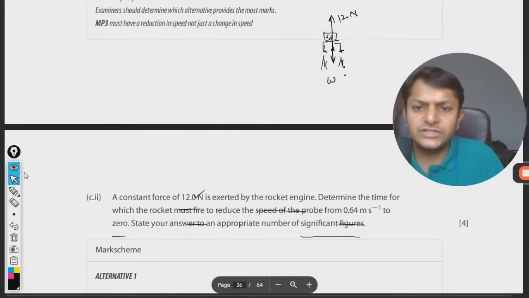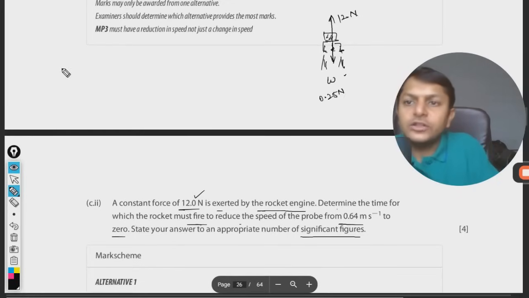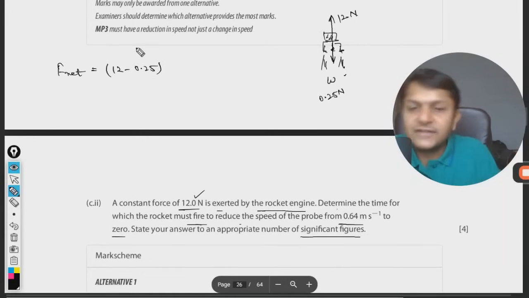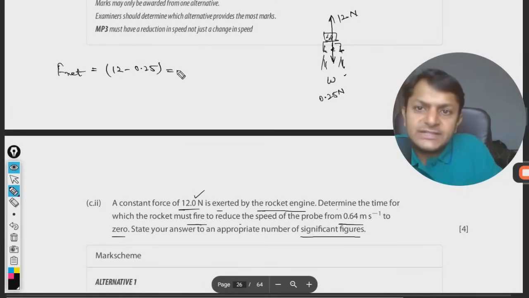So we're taking units as Newton, 0.25. So this is 0.25 Newton. So overall, the net force, which is working as inertial force, which is breaking the inertia, or you can say which is giving you the acceleration, F net is 12 minus 0.25. Now this force is equal to the change in momentum by change in time.